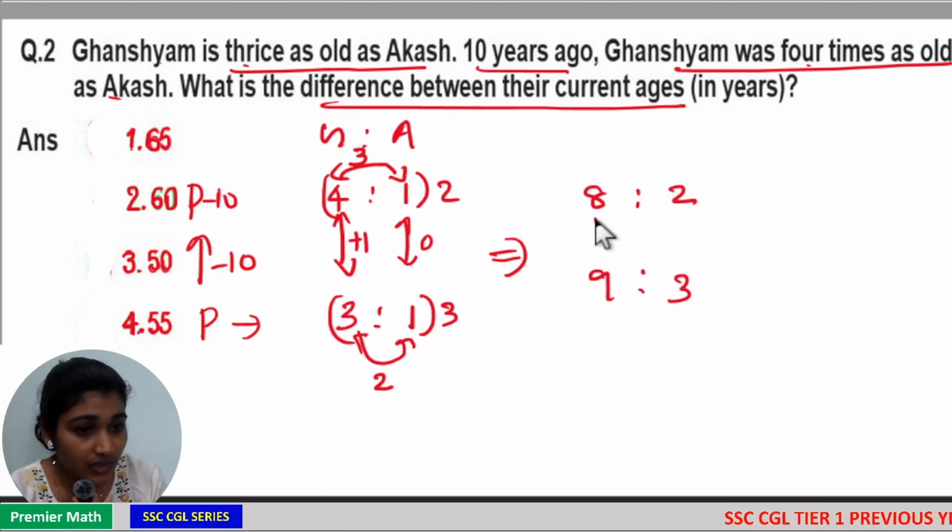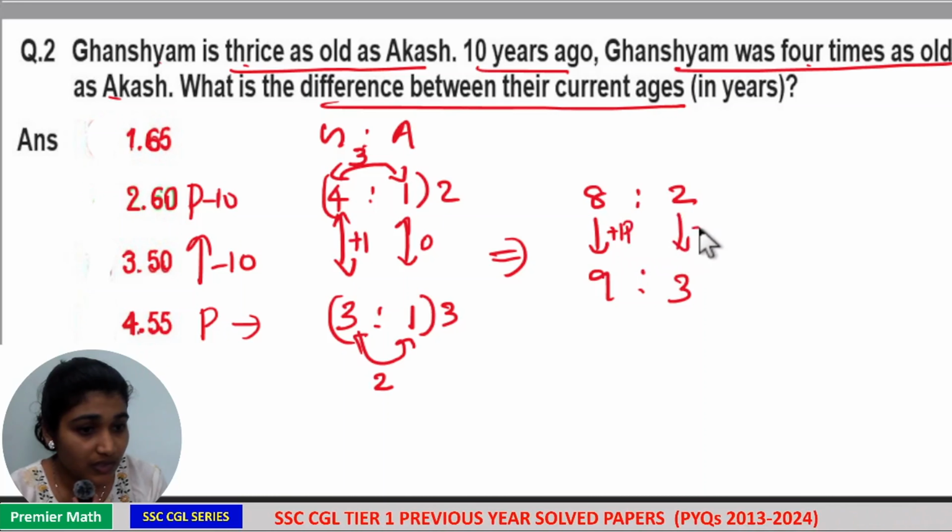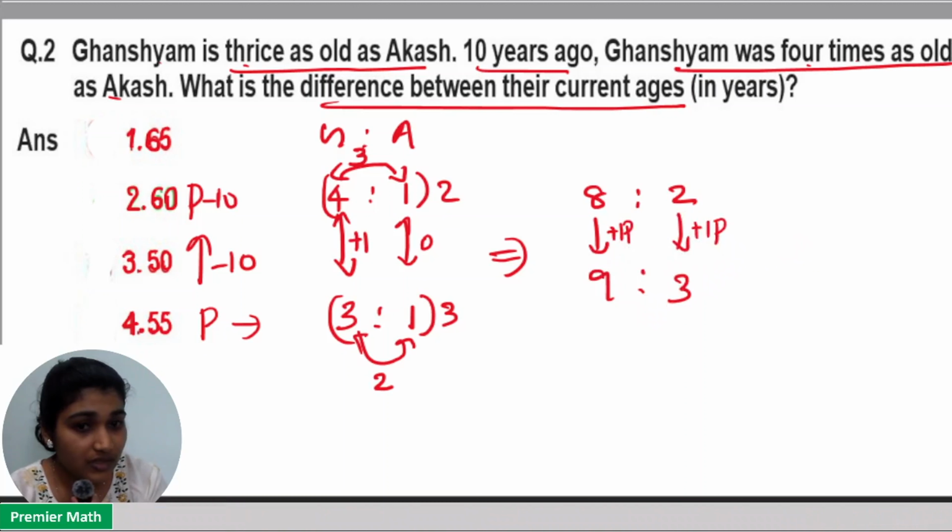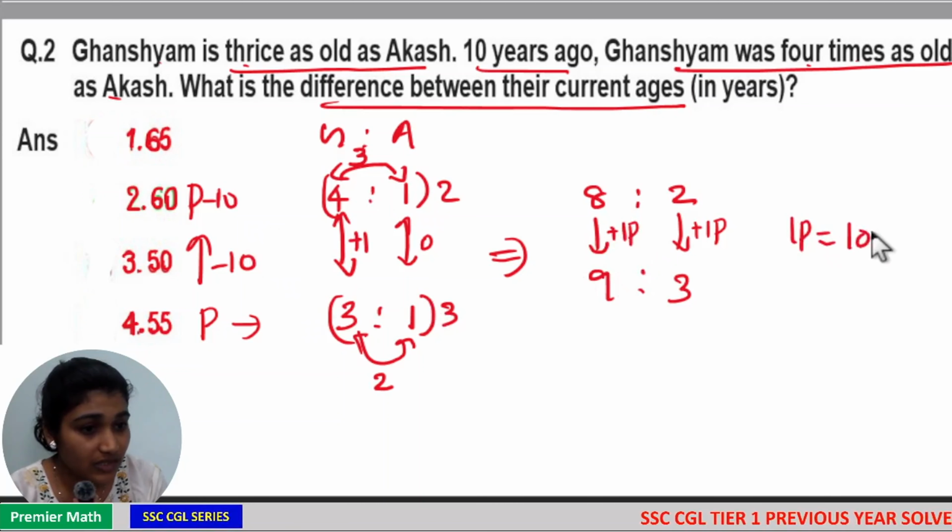Now the difference between 8 and 9 is 1 part, and the difference between 2 and 3 is equal to 1 part. That is, the difference is equal. The difference is constant. Then this 1 part is the same as the actual difference in years, which is 10 years.